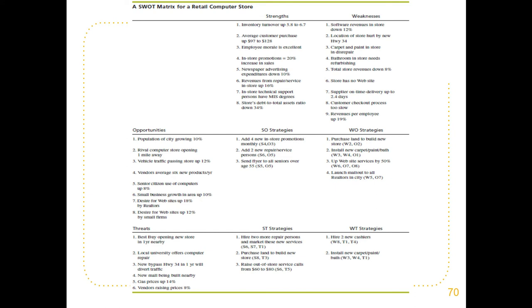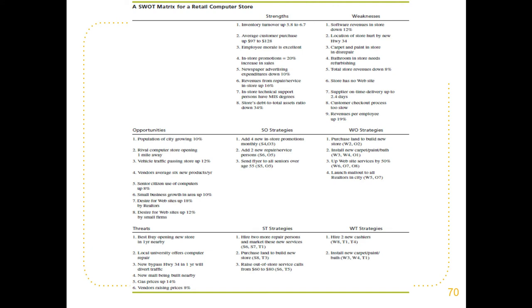Note that both the internal and external factors and the SO, ST, WO, and WT strategies are stated in quantitative terms as much as possible, to the extent possible. This is very important.